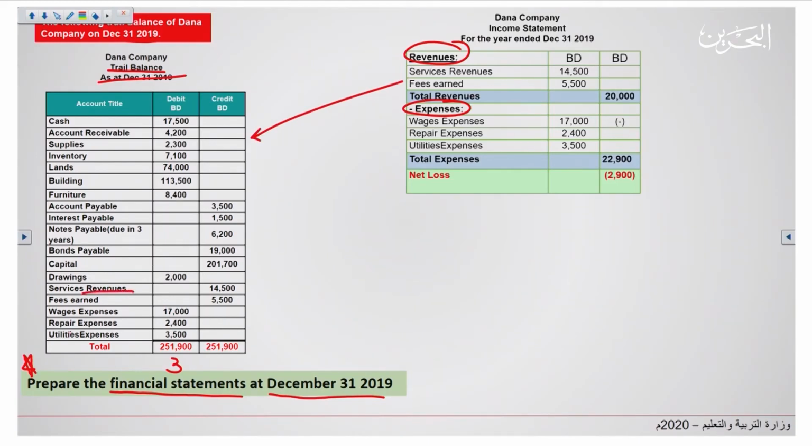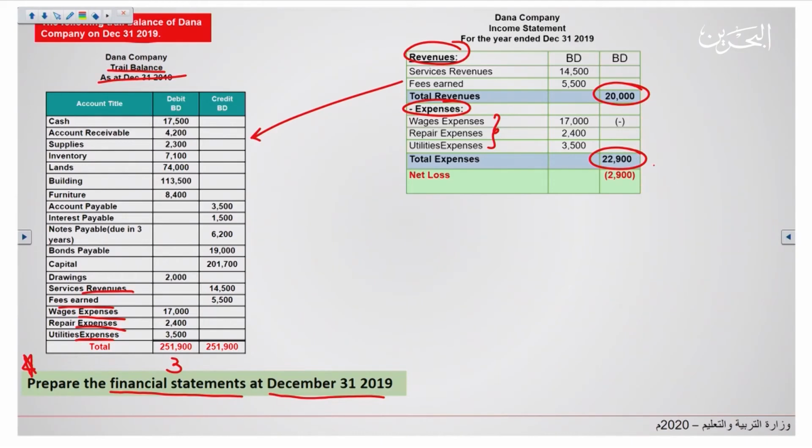We will highlight them and add them to the income statement here to see if the company is making net income or net loss. So we will list the revenues here and calculate the total of the revenues. Then we will list the expenses here and calculate the total of the expenses. Then we will compare these two totals.